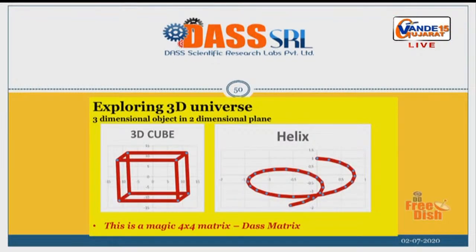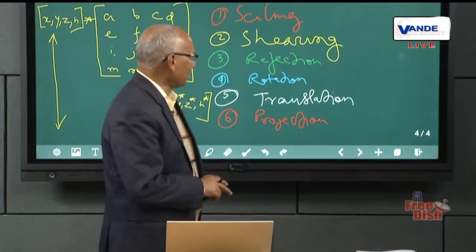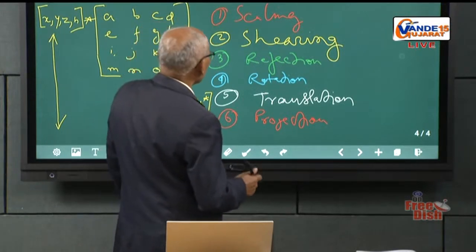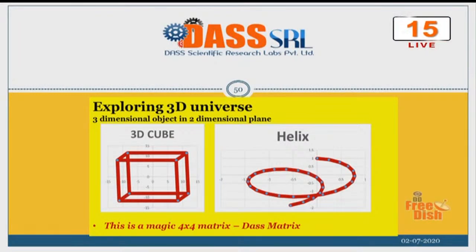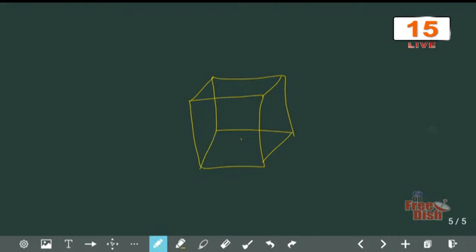Now, coming to the 3 dimensional world, as I mentioned. So, the first thing I have done is that we have to scale down. Suppose I have a 3D object. This is a cube.